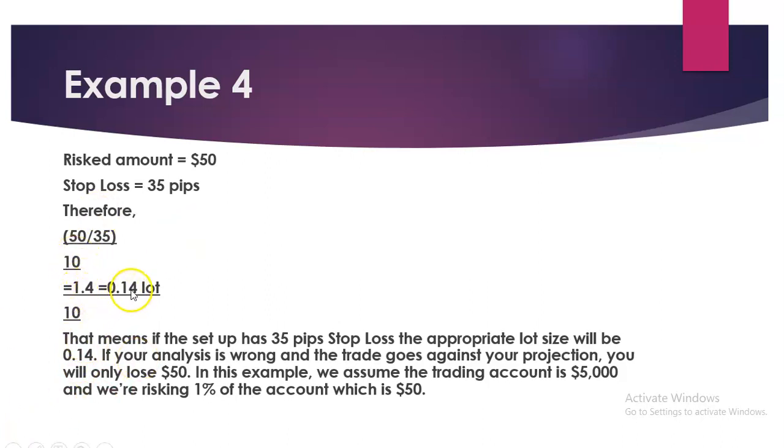What we get at the end of the day is 0.14 lot. That means if the setup has a 35 pip stop loss, the appropriate lot size will be 0.14. So if your analysis is wrong and the trade goes against your projection, you will still lose only $50. I think you are getting this.